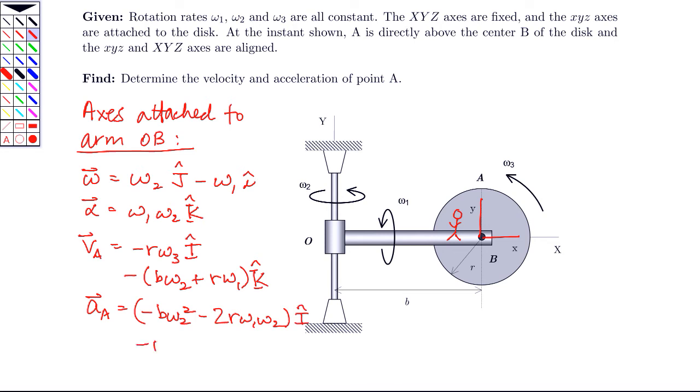Minus R omega 1 squared plus omega 3 squared in the J. And then to that we add plus 2R omega 2 omega 3 in the K. So that's the existing solution.